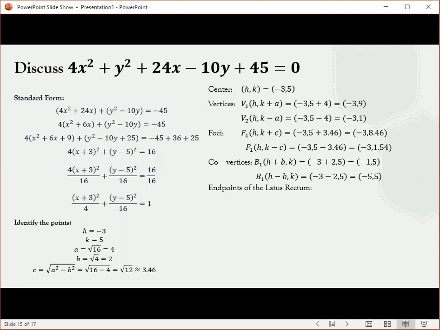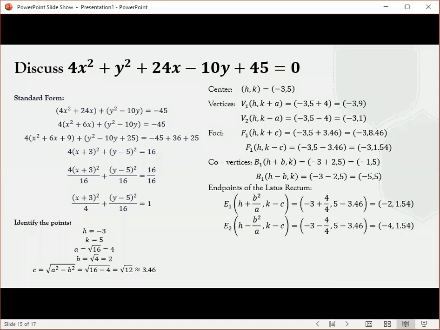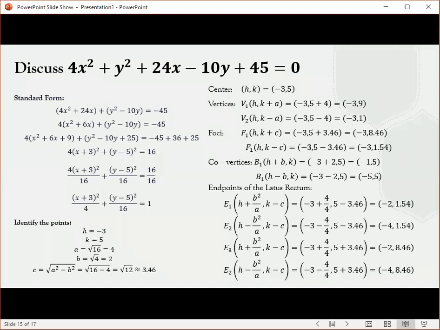Endpoints of the latus rectum or endpoints of the latera recta, you have -2 and 1.54, -4 and 1.54, -2 and 8.46. Lastly, this is -4 and 8.46. So did you get all the correct points?